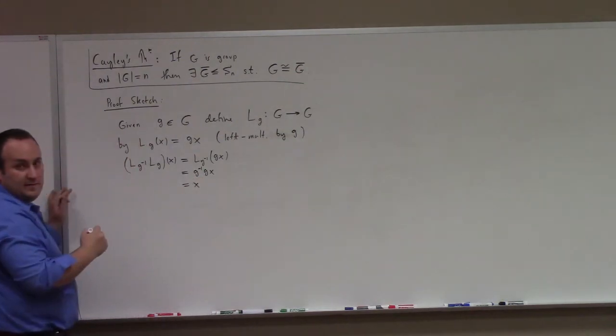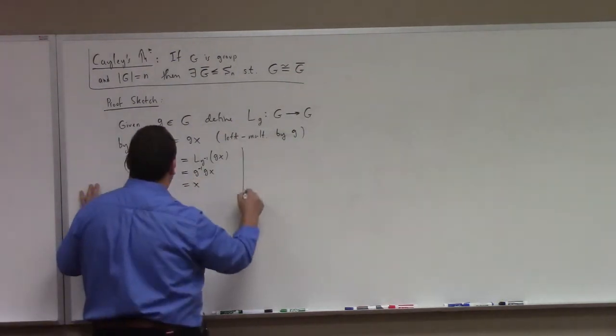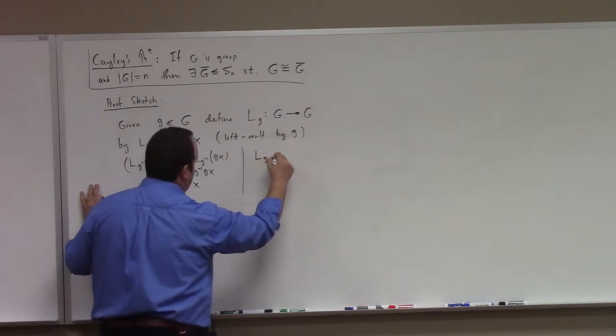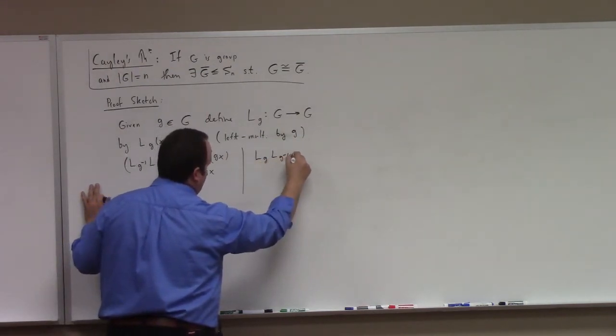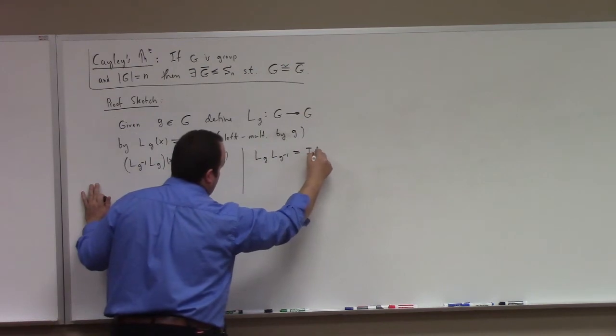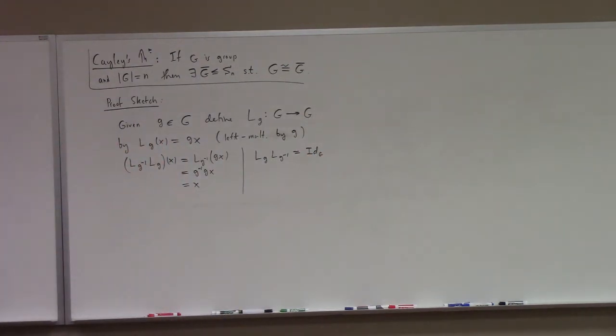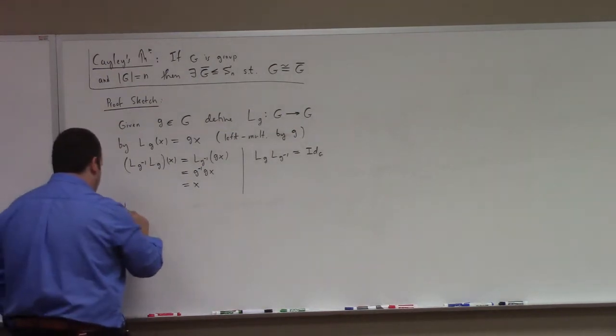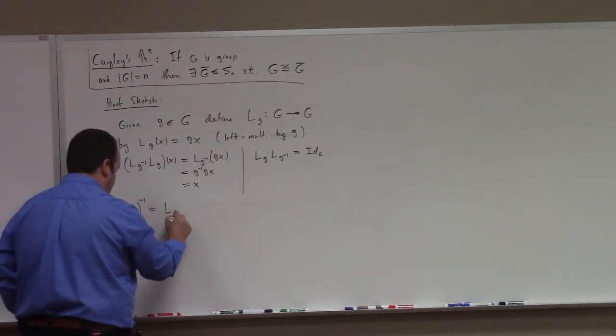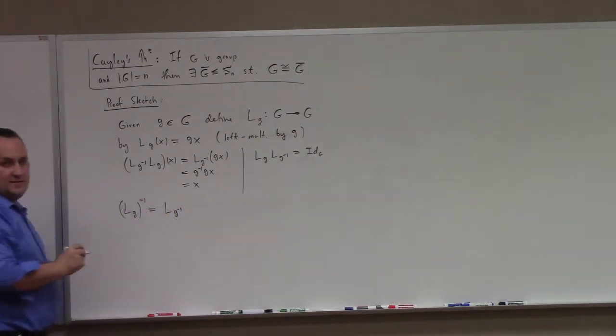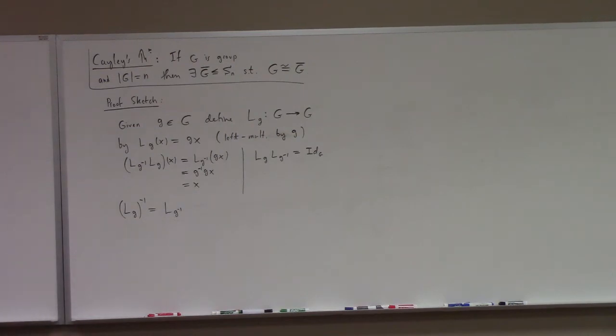And likewise, we've got that L_G composed with L_G inverse is equal to the identity on G. So to summarize, the inverse of L_G is L sub G inverse.